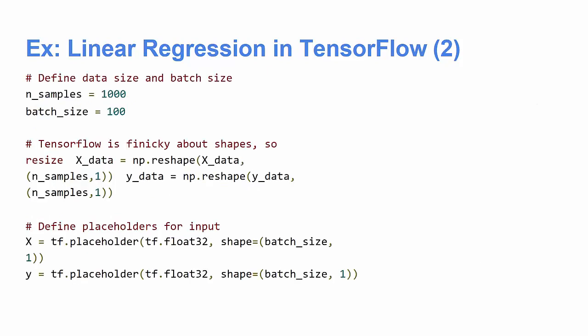Now for linear regression in TensorFlow, if we define the samples as 1000 and batch size as 100, then we can use x_data equal to np.reshape(x_data, (samples, 1)) and y_data equal to np.reshape(y_data, (samples, 1)), and then define placeholders for input, which are of type float and shape (batch_size, 1) for x and similarly for y.